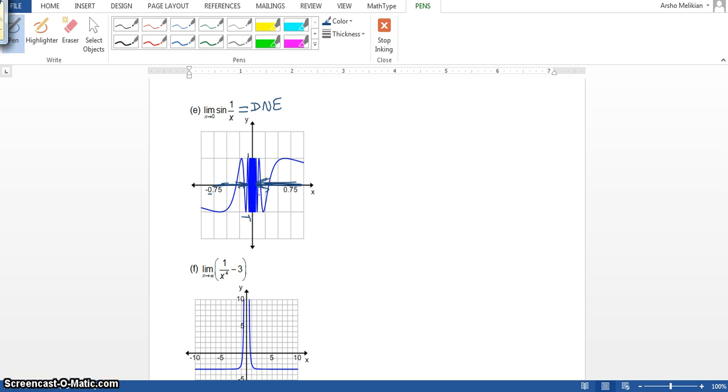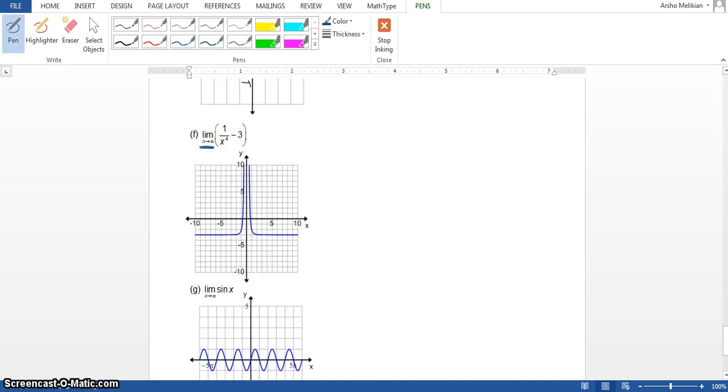Now, we're going to look at the limit as x approaches infinity. So imagine you're now on the x-axis and you're approaching infinity this way.